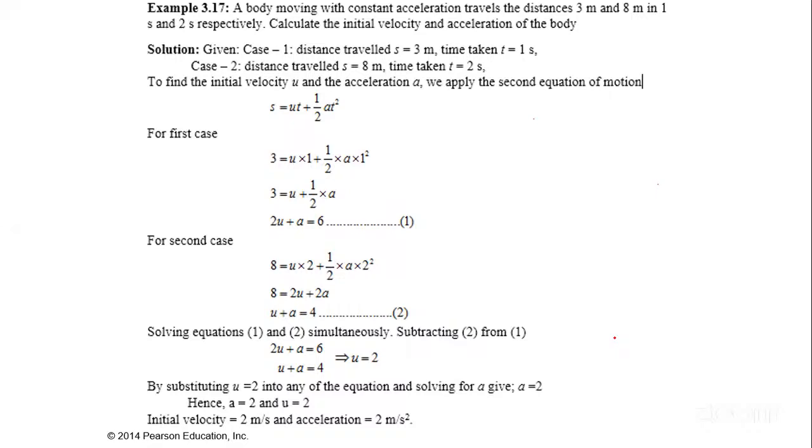So here you are provided with two distances covered in two time frames. We are asked to find the initial velocity and acceleration of the body.